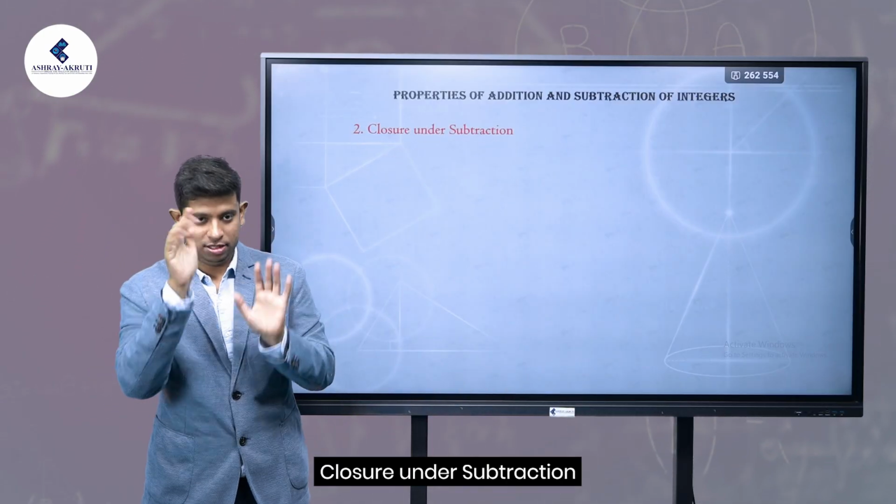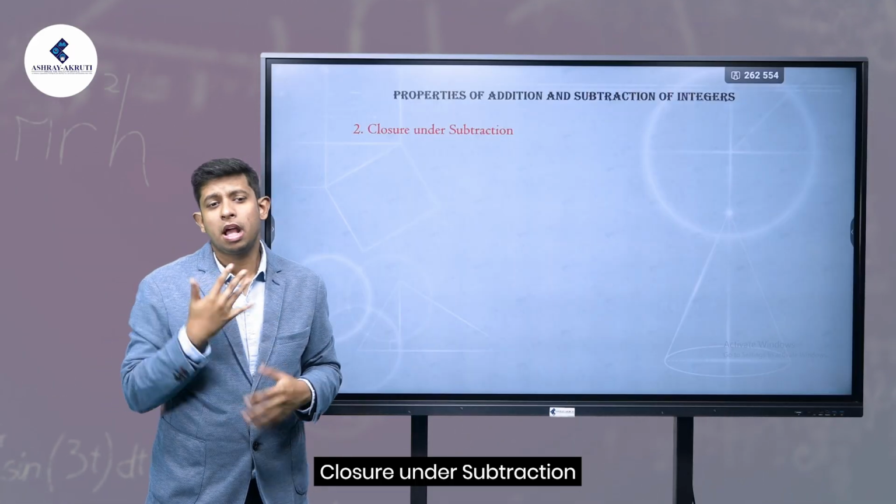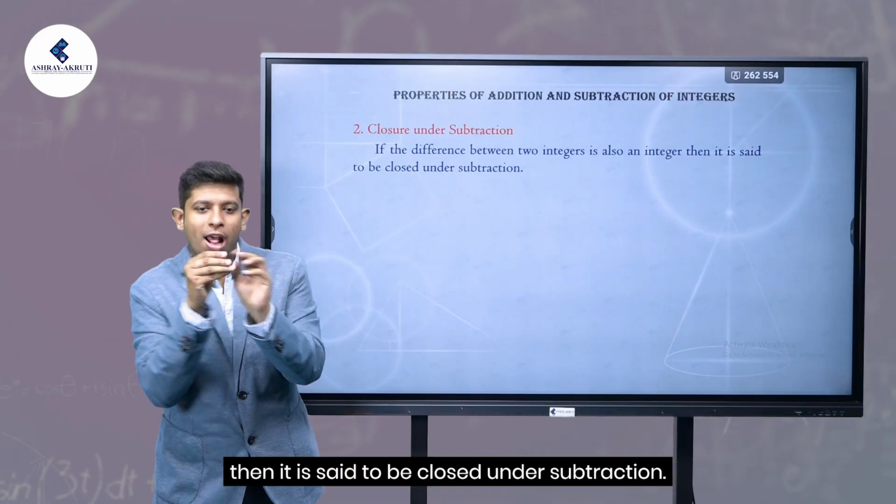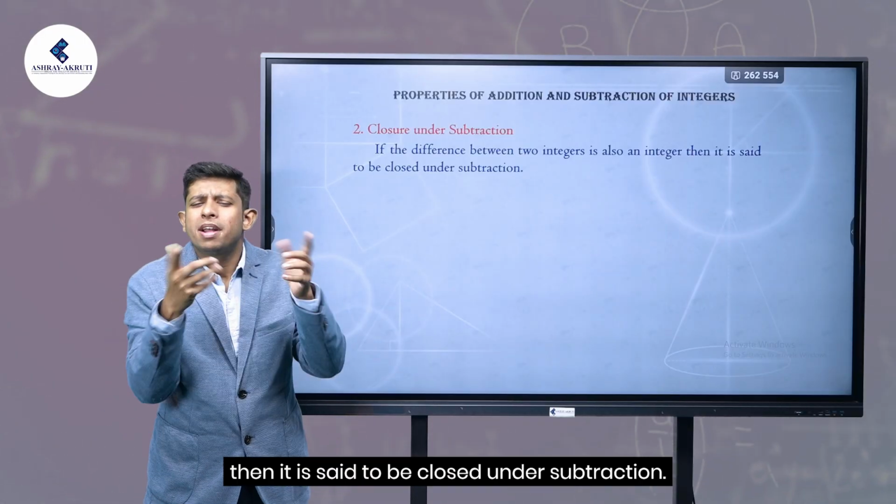Closure under subtraction. If the difference between two integers is also an integer, then it is said to be closed under subtraction.